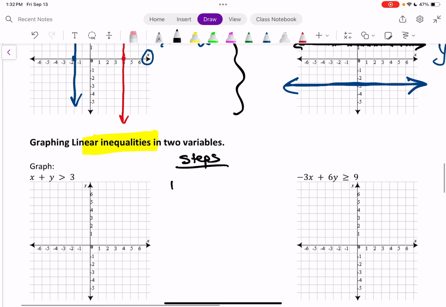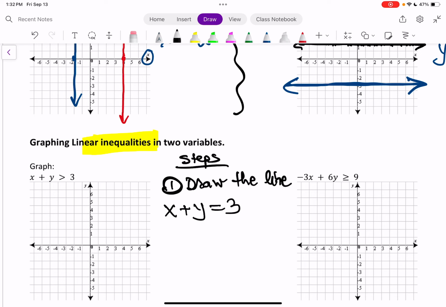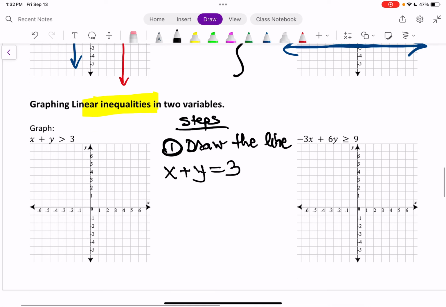So the first thing, draw the line. In other words, make this an equation. Make it equal to 3. So that's what we just practiced. If x is 0, y is 3. If y is 0, x is 3.